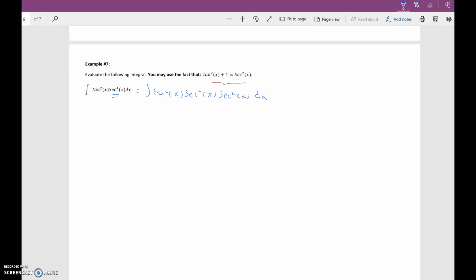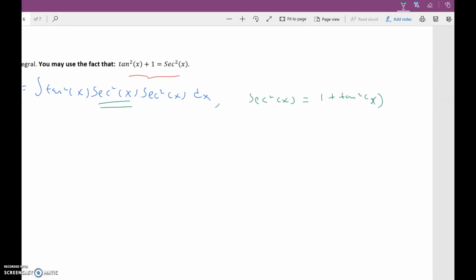And then since we're going to have to use some sort of a u substitution, and it doesn't matter here which one we're actually using, I'm going to change secant squared to the actual identity. So I'm just going to say that secant squared of x is equal to 1 plus tangent squared of x. Now, all of the identities that we're using, we may have to go back and actually rewrite them in a different form. So give me just a second.